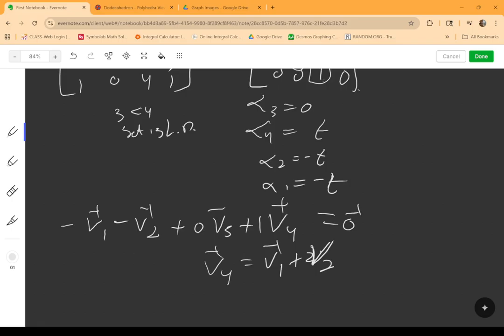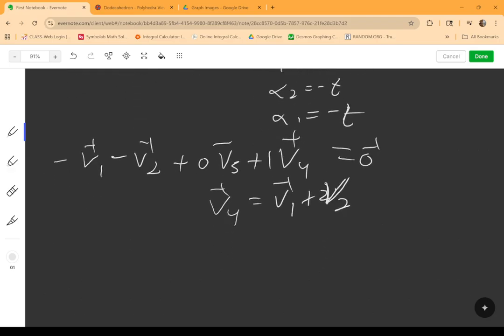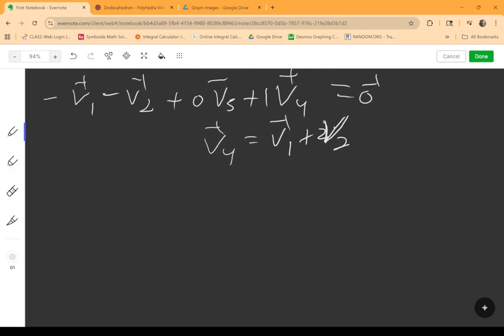Now, why does this not affect the span? Let's say that we have a set of vectors v1, v2, v3, v4, and I see that v4 is redundant in the sense that it's a linear combination of v1 and v2.